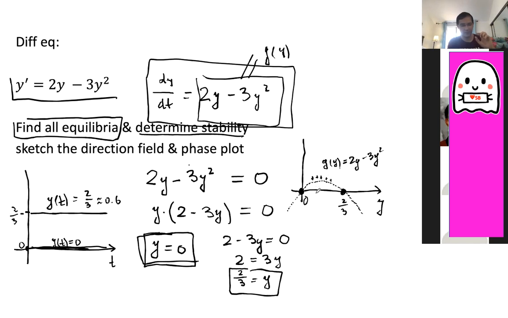When the derivative is positive, the function is increasing, so we'll get something like that. And when the derivative is negative, the function is decreasing. So this is the decreasing direction.